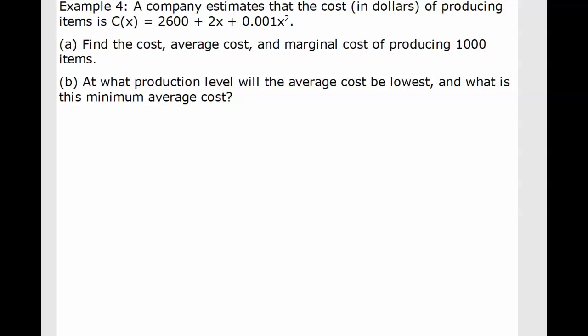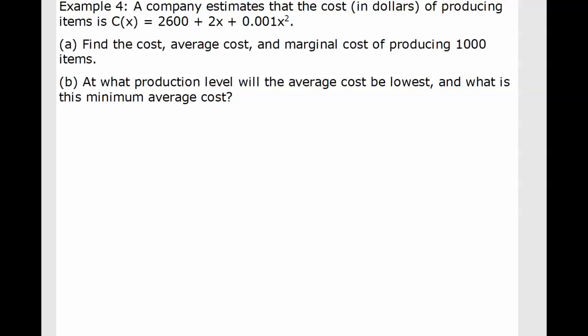Okay, so it says a company estimates the cost in dollars of producing x items is C of x equals 2,600 plus 2x plus 0.01x squared. Find the cost, average cost, and marginal cost of producing 1,000 items.